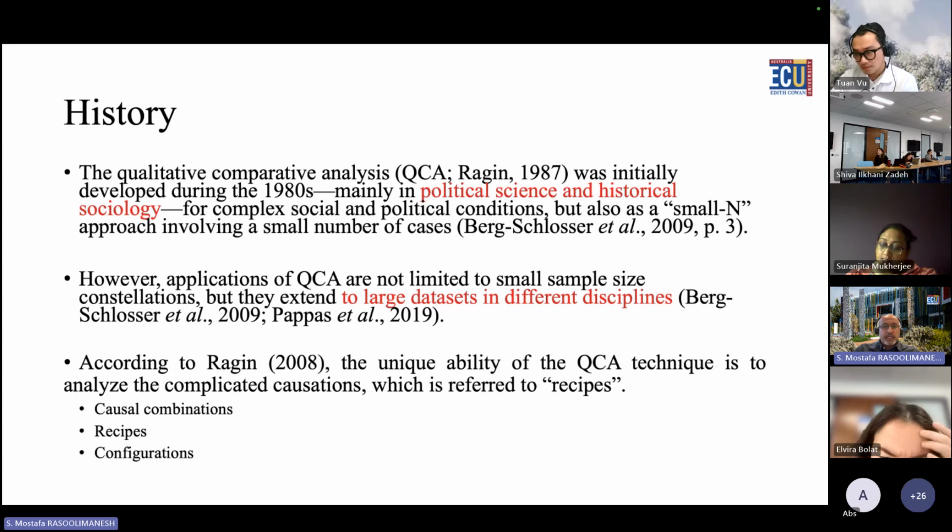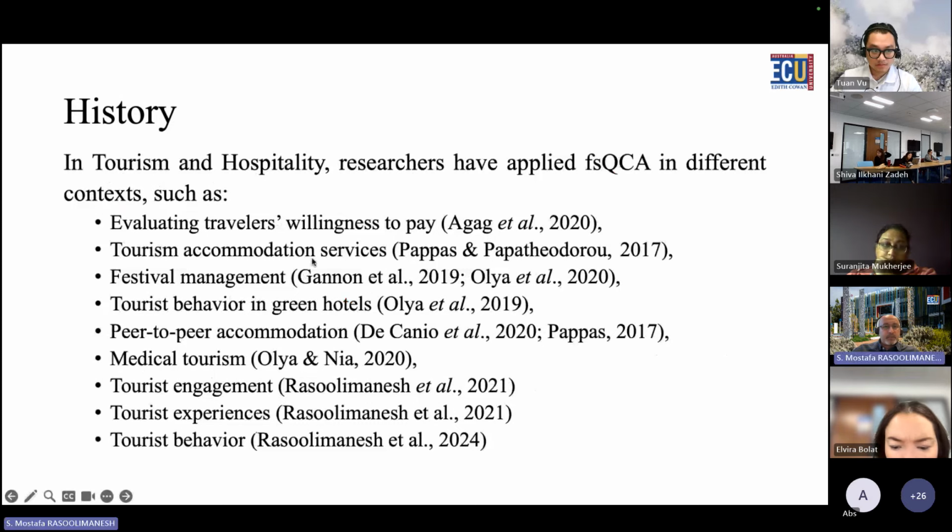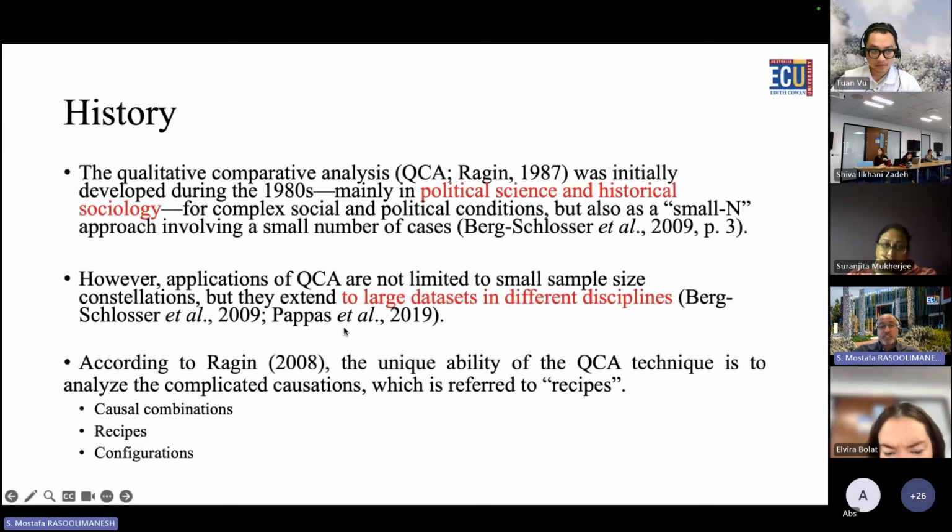So this method is able to identify, as we will discuss later, sufficient combinations of factors that can generate an outcome or dependent variable.